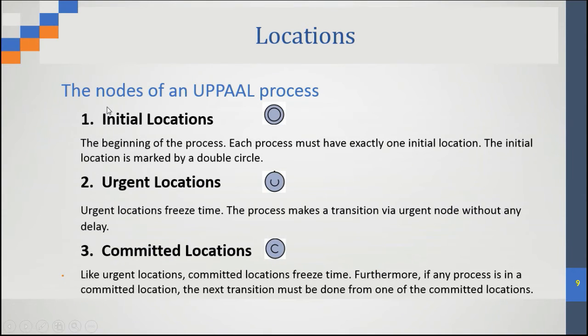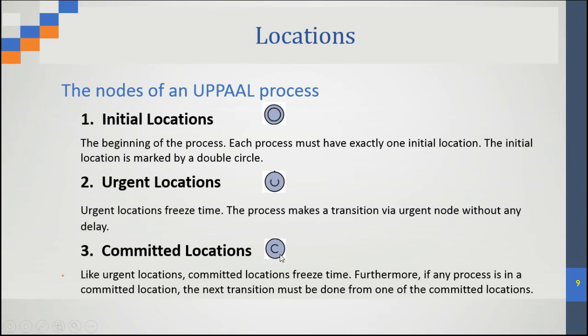So these are the three types of location, or nodes. As we said, the first is the initial location, the second is the urgent location, and the third is the committed location. The initial location is the start point of the timed automata, while the urgent location is a location where time is frozen, so there is no delay in an urgent location.